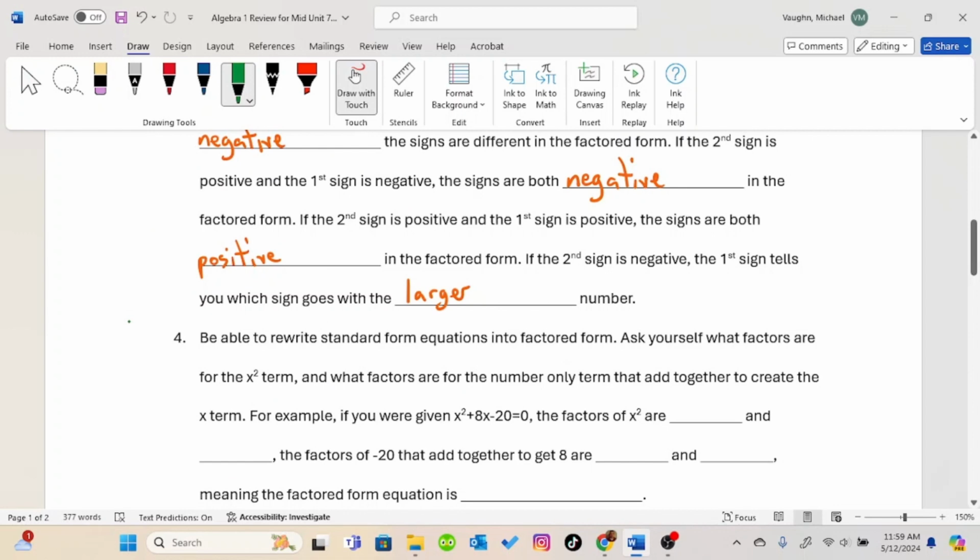Concept number 4. Be able to rewrite standard form equations into factored form. Ask yourself what factors are for the x squared term and what factors are for the number only term that add together to create the x term. For example, if you were given x squared plus 8x minus 20 equals 0, the factors of x squared are x and x.